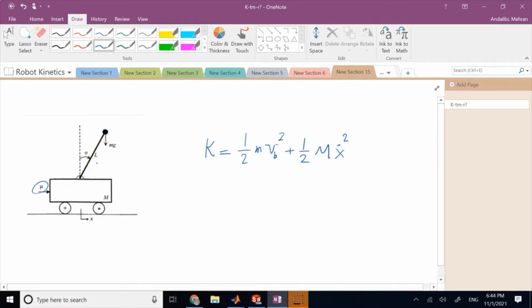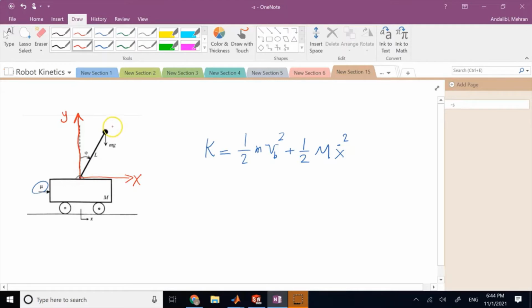pendulum here. In order to do that, there are several ways you can approach it. One of the simplest ones is to consider an x-y coordinate frame and put x here and y here, starting from this point. This is going to be inertial, so when the cart and the box move, really the pendulum moves, this frame stays in place.